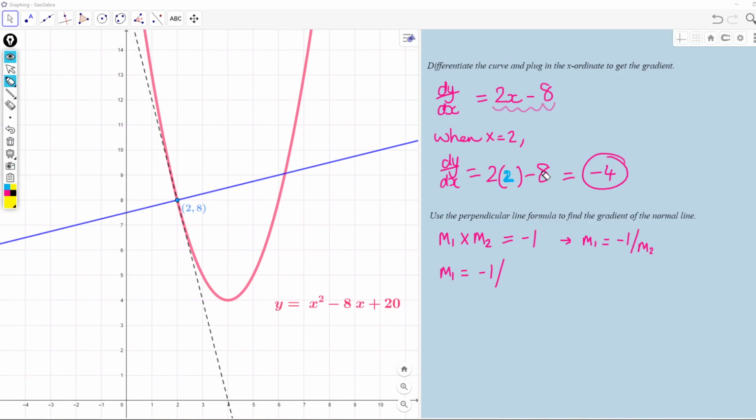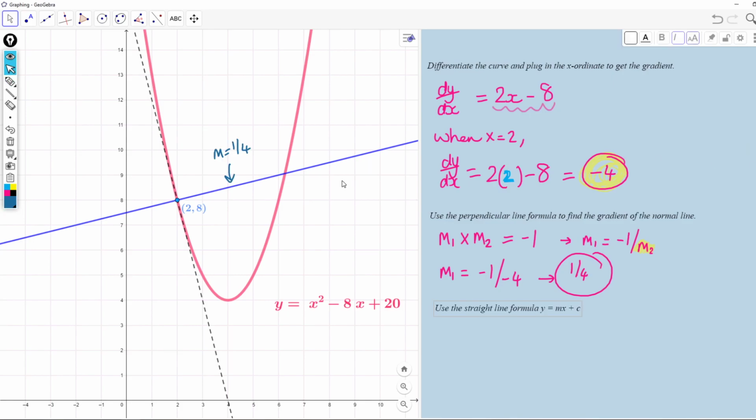That's what we got in the first part. So we're going to substitute that in for m2 here. And when I do that, I'm going to have -1 over -4. If I divide one negative by the other, the negative signs cancel out, and I just get 1/4. And that's my answer. So that 1/4 refers to the gradient of this blue normal line here.